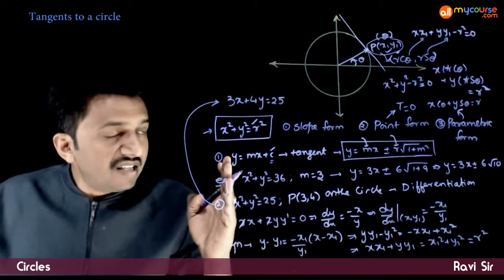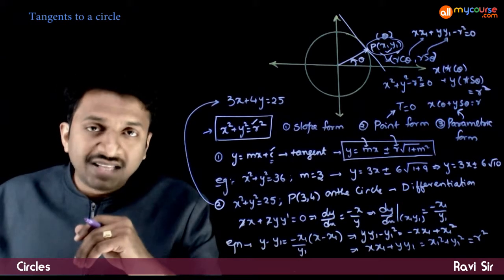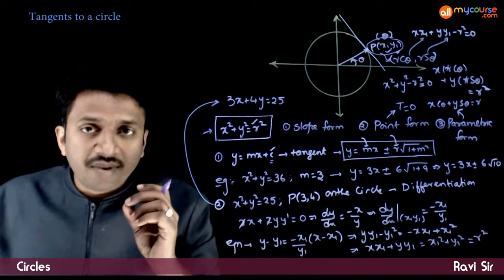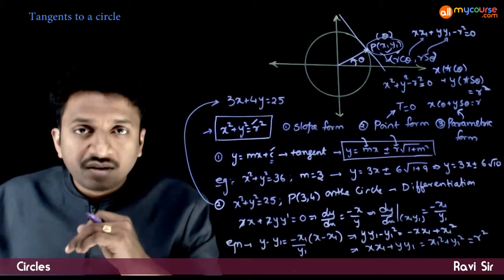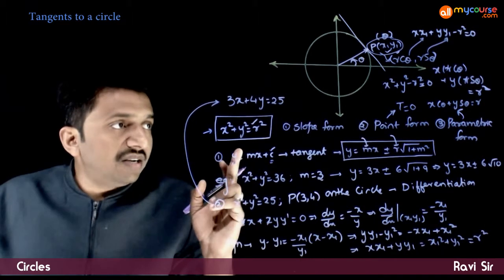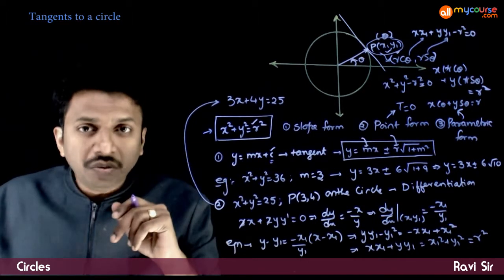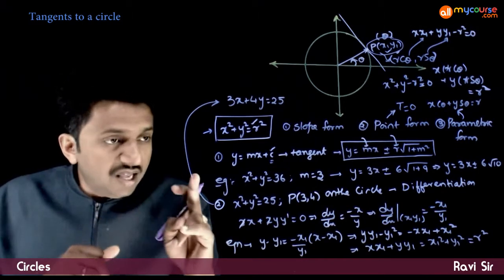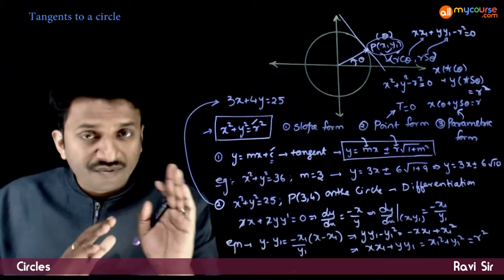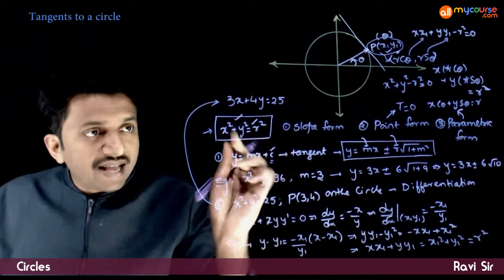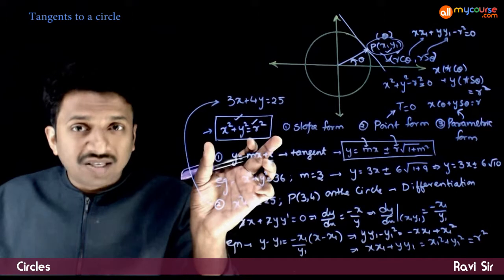So these are the three forms of tangents to a circle. y is equal to mx plus or minus r root of 1 plus m square. T is equal to 0. x cos theta plus y sin theta is equal to r. Please remember, the equations that we have derived for now work only for the equation x square plus y square is equal to r square.